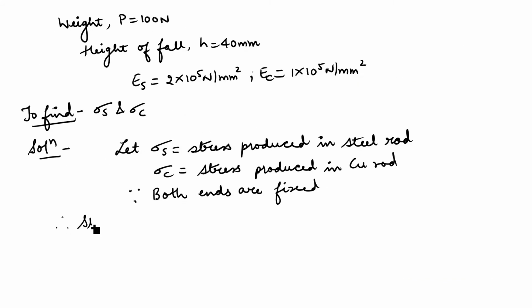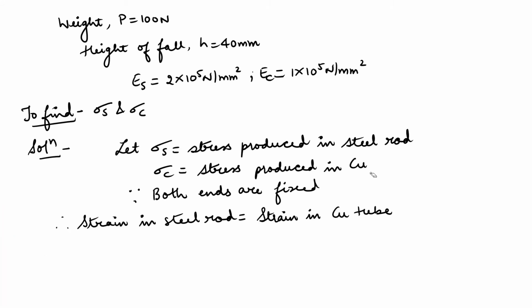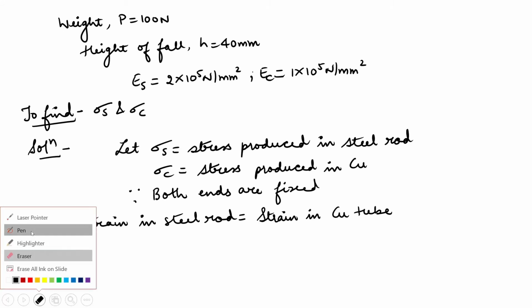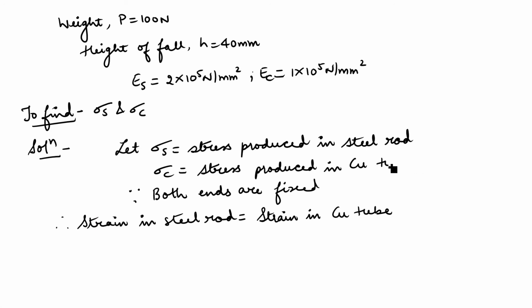Therefore, I can say strain in the steel rod will be equal to the strain in the copper tube. You can write this rod as tube because that's what is given, and it's actually a tube because it's hollow. It's not a rod. So you can write this as sigma S upon ES, which is equal to sigma C upon EC.